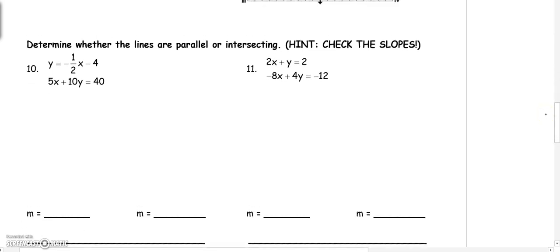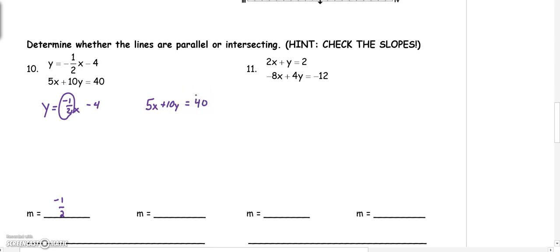Determine whether the lines are parallel or intersecting. In this case, you have to find the slopes. So in number 10, my first equation, y equals negative 1/2 x minus 4. My slope is the number in front of x, so it's negative 1/2. My second equation is 5x plus 10y equals 40.